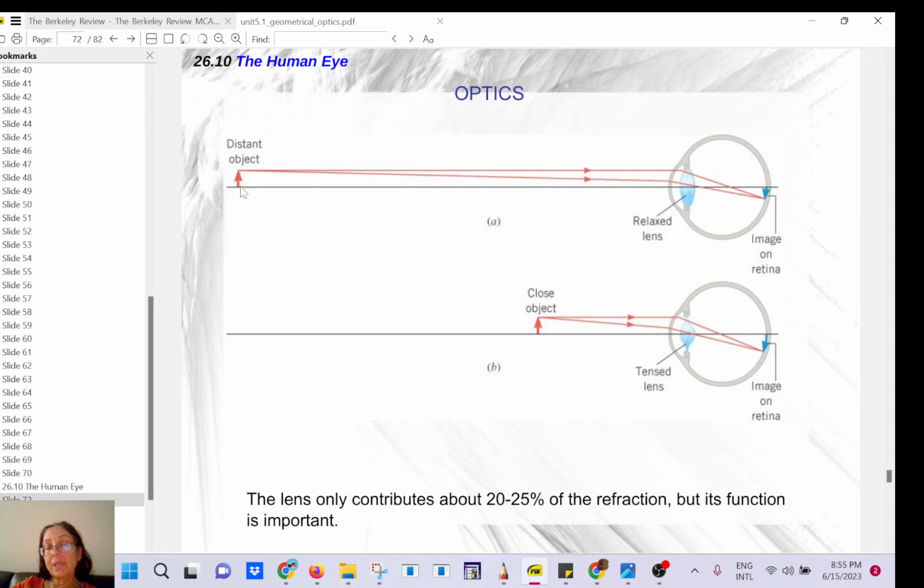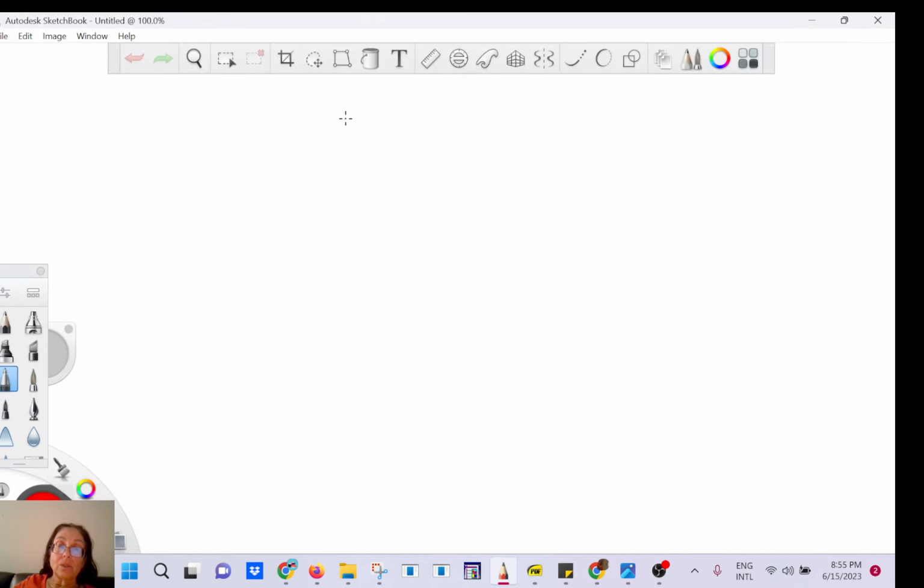So the object is at 2 meters, and this distance is 2 centimeters, and the question is to find the focal distance. So it's just the thin lens equation. The image distance here will be 2 centimeters, so 0.02. The object is at 2 meters, equals 1 over f, and that's going to be equal to 50.